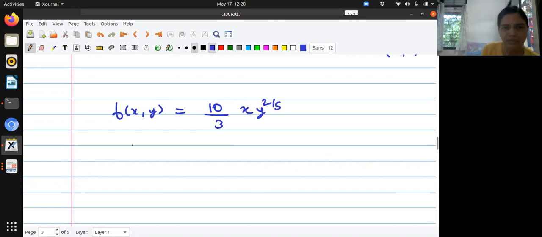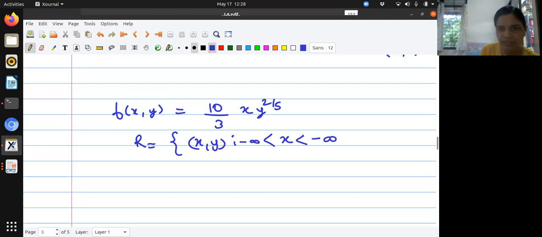Correct? So you're saying let's take the rectangle to be all points x and y such that x is from -infinity to infinity and y is... did you say 2 here? No, you said -2 and 0, right?